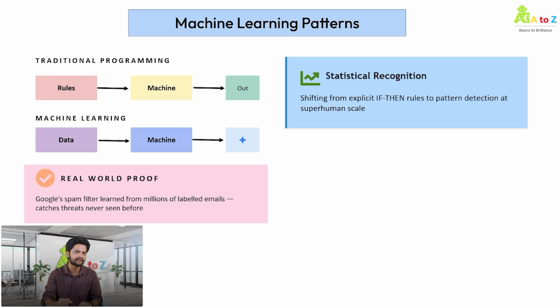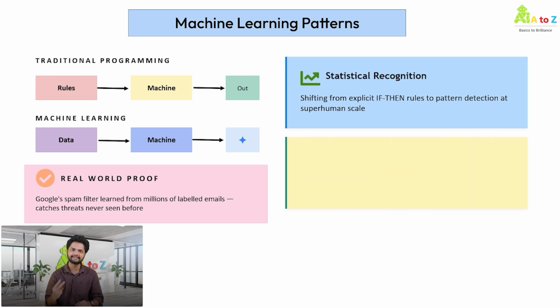It recognizes patterns based on probability. For example, in language, it does not know what a sentence means. It knows this sequence of words is likely to follow that sequence. And at scale, this becomes incredibly powerful because with enough data, pattern recognition can outperform human intuition in specific tasks.